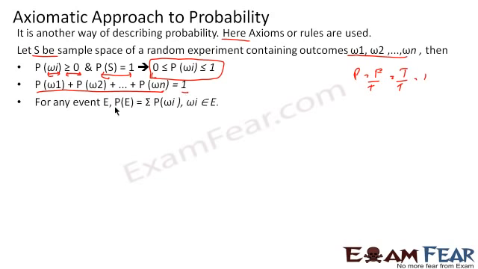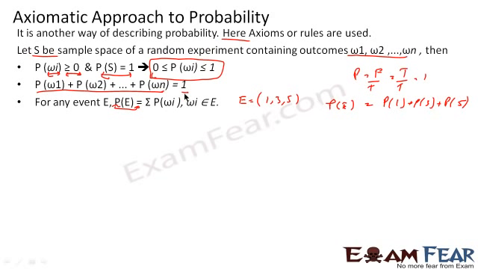Also, let's suppose in any event E, for example, when we have thrown a die and we're getting 1, 3, 5, which is an odd event, right? So let's suppose this is E. P of E is equal to P of 1 plus P of 3 plus P of 5.